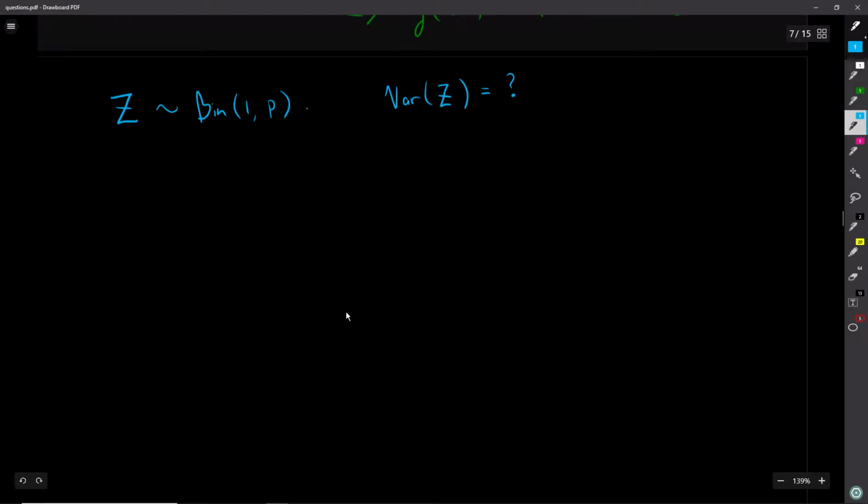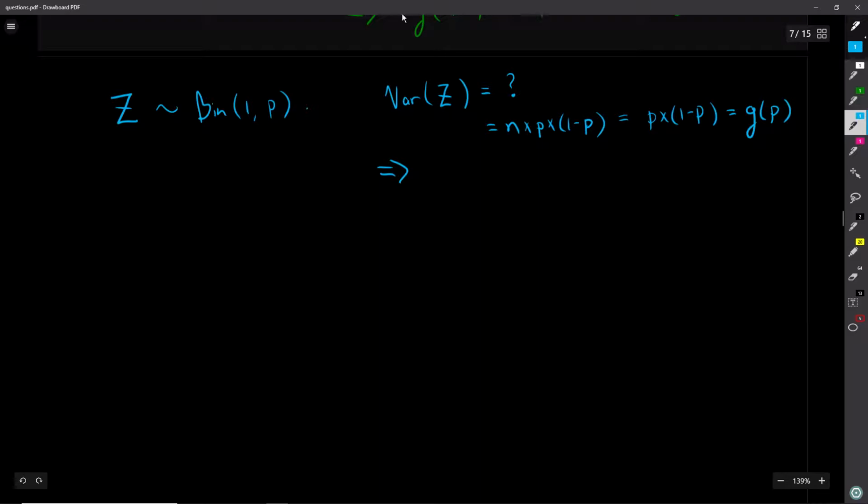Variance of z equals what? Well, the variance of a binomial random variable is going to be equal to n times p times 1 minus p, which means that our MLE for the variance of z, to finish the thought here, n is just 1, and so this is p times 1 minus p, which we can think of as the function g of p.